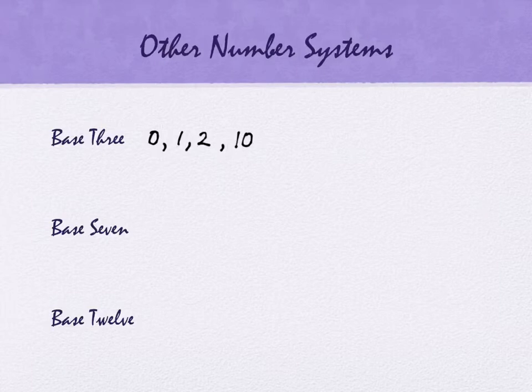Because it's a 2-digit number, smallest thing I can have in the 1's place is 0, and the next smallest thing I can have in the 3's place, because it's base 3. What would be after 1, 0? 1, 1 first, and then 1, 2. What would come next? It'd be 2, 0, and then 2, 1, and then 2, 2.